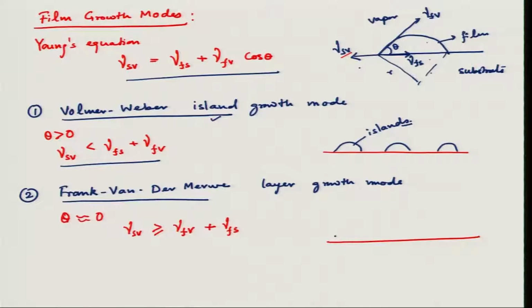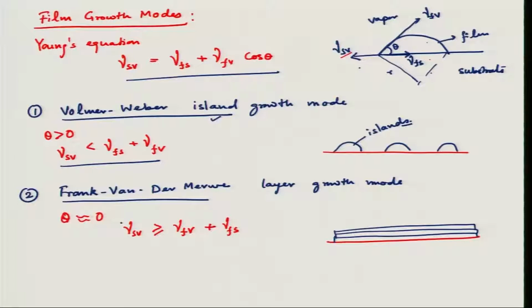It will form layers, because this system will not like to have exposed substrate vapor interface, because this surface energy is very high. If there is more exposed substrate vapor interface, then this system would have more energy. So in order to reduce energy, it will form layer growth.